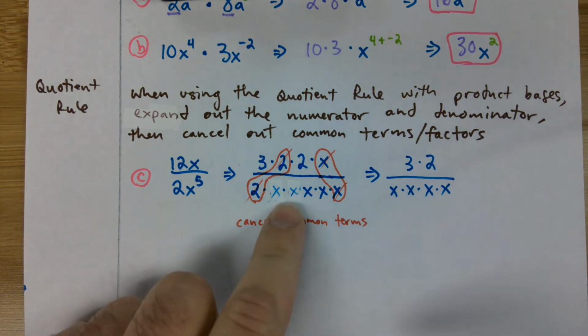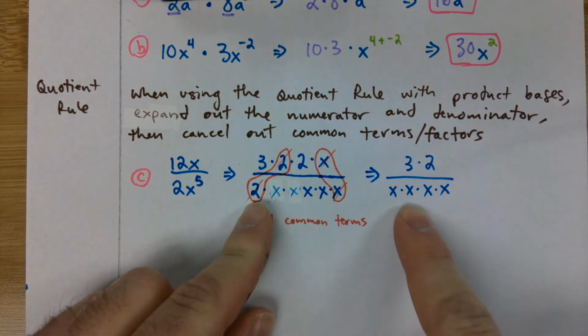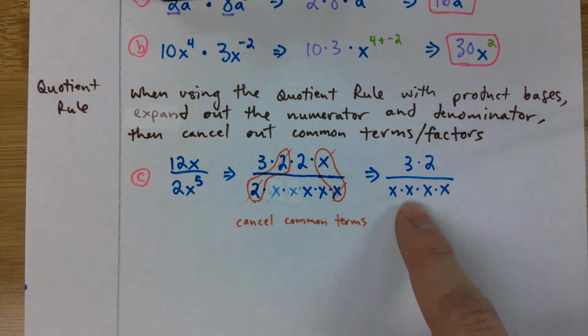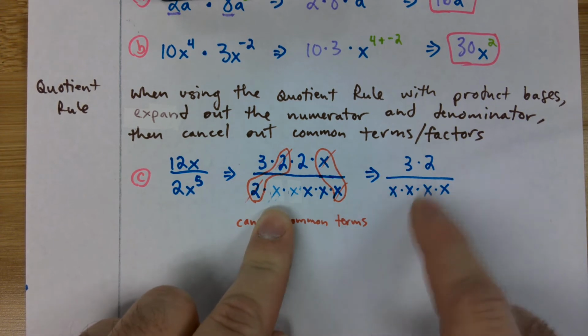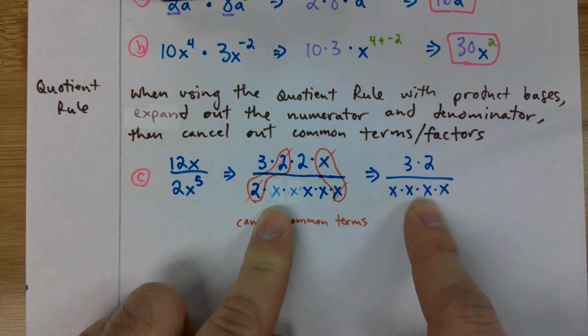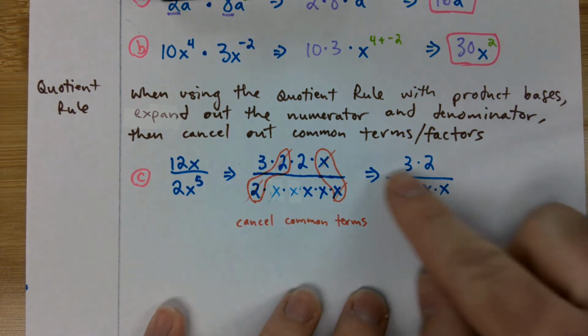Does anyone need help seeing how we got from this big step here to this step? Yes, that's perfect. That's going to be our next step. Does anyone need help figuring out how we got to this point here? Okay.